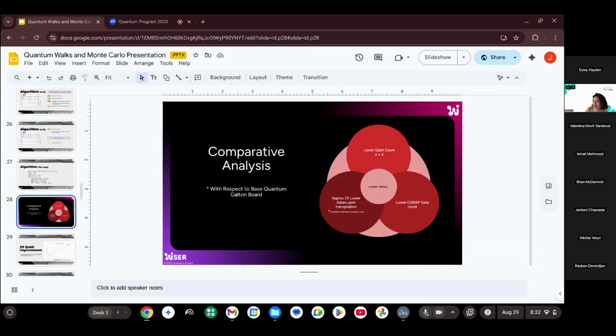Following up on that one, of the gate reductions and qubit reductions you got for this problem, how many of them would you say are specific to this problem versus a general strategy you could use for other Monte Carlo-like models?